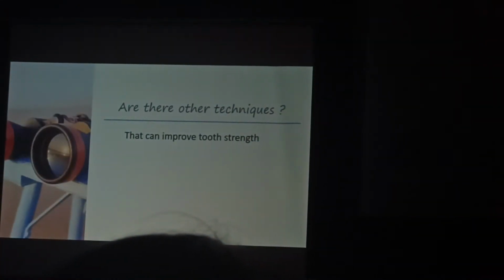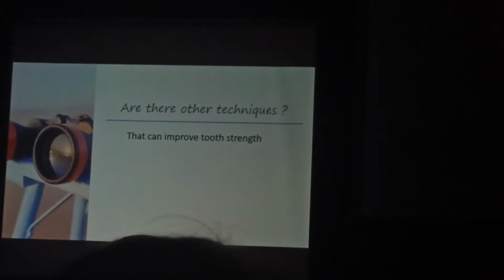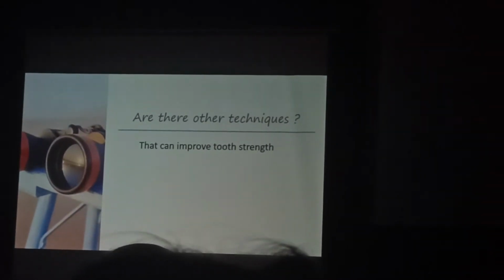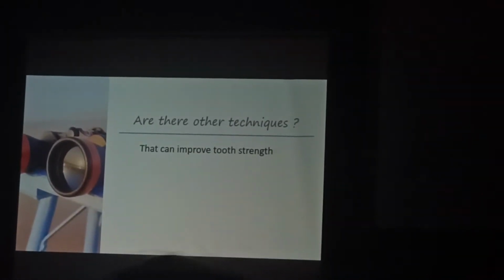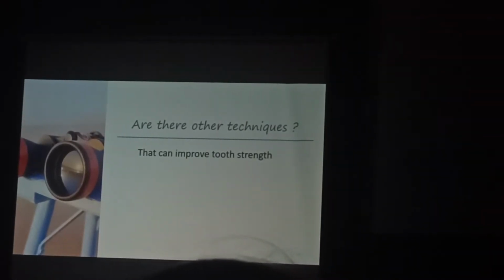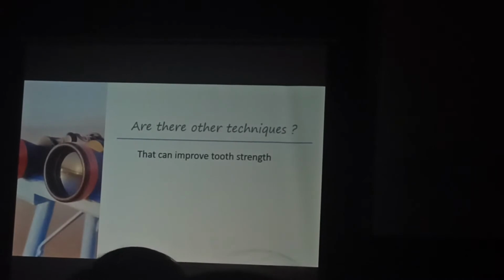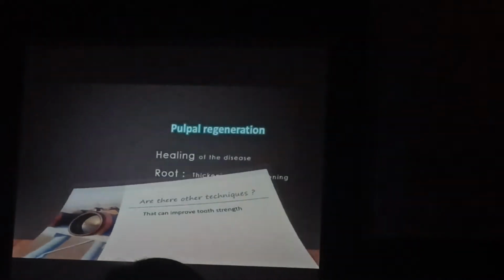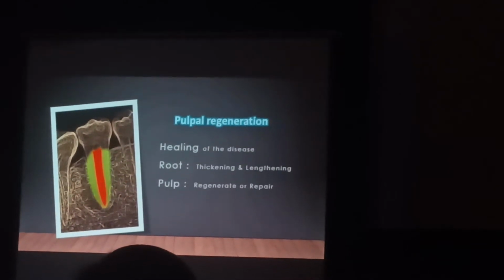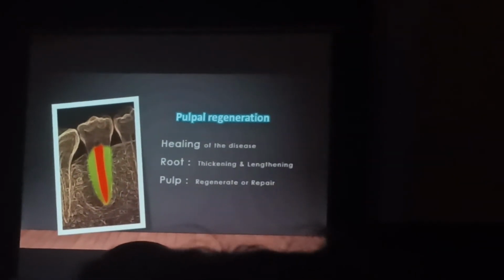So let's come to the other question. Since there are various techniques used in the past and maybe still used now, are there any other techniques that can improve the tooth strength? That's why we are here talking about pulpal regeneration.